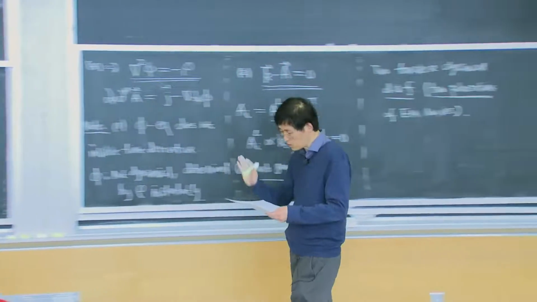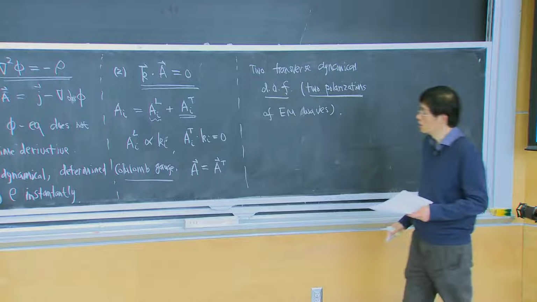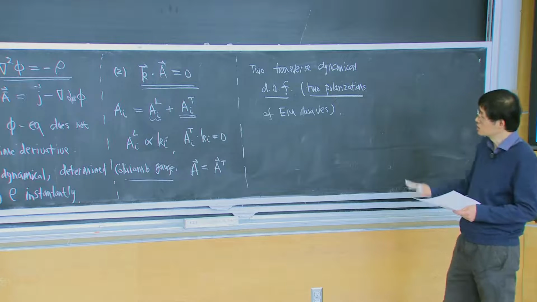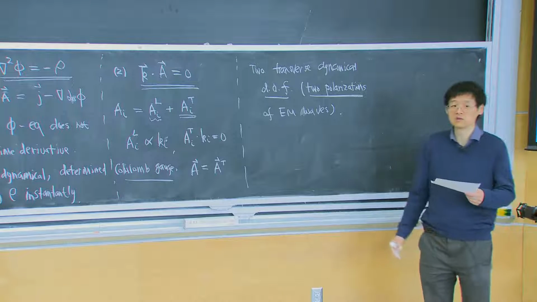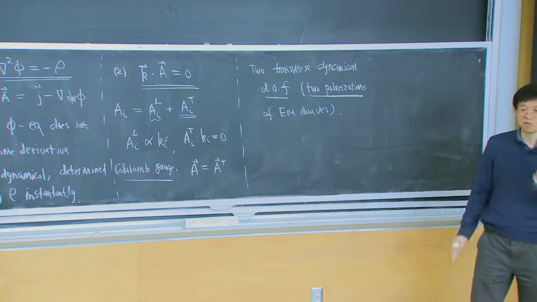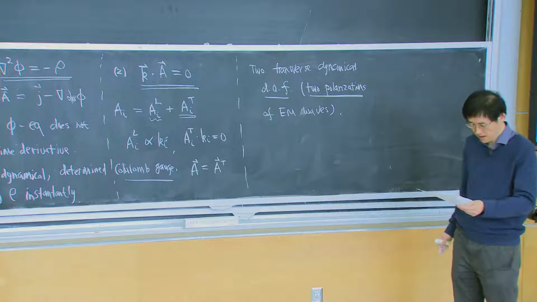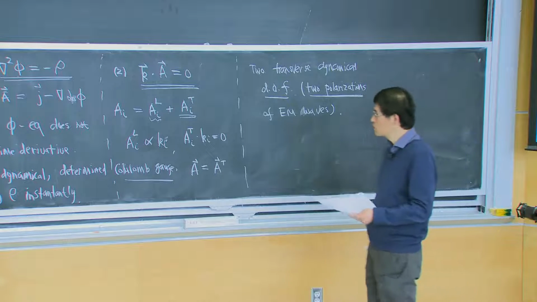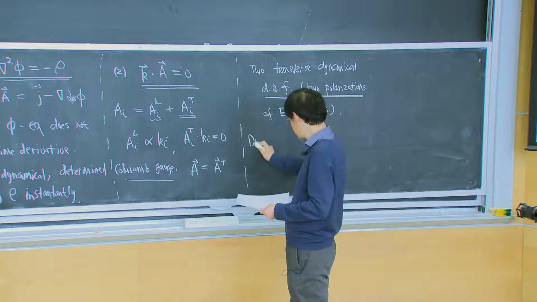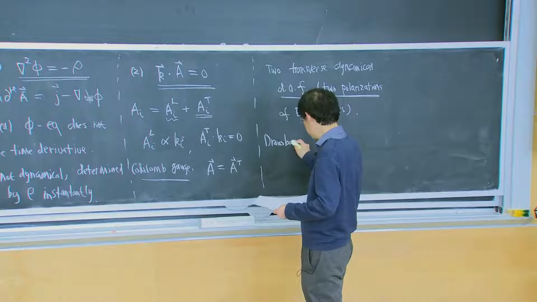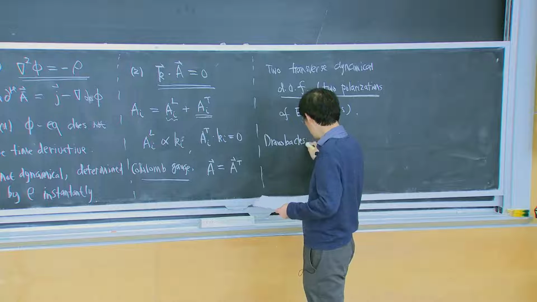The Coulomb gauge is very convenient and widely used, in particular in non-relativistic situations when you don't involve very fast velocity. But the Coulomb gauge, of course, is not perfect. There are some drawbacks.